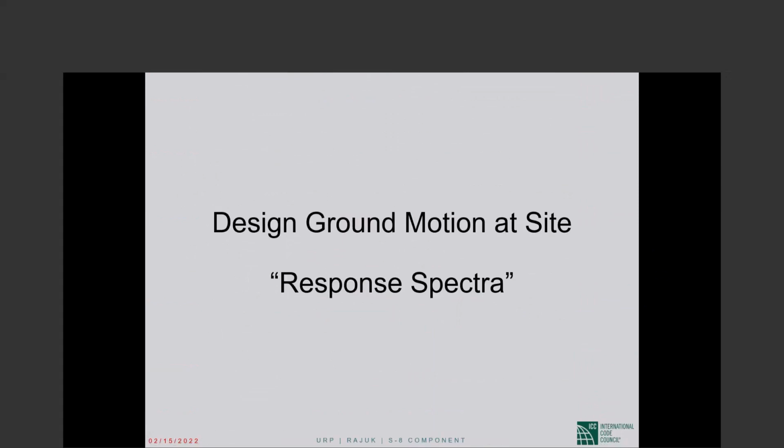So we will start with the very basic concept of the response spectrum. The term has come up, and we have looked at spectra, but let's fully understand what a response spectrum is, and from that we will go to what we call the design spectrum.